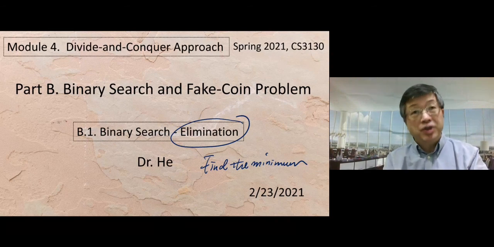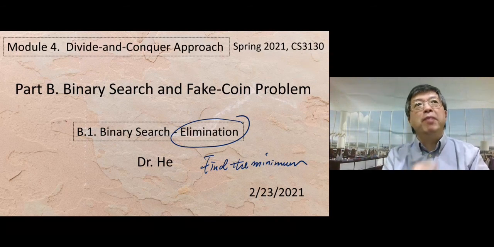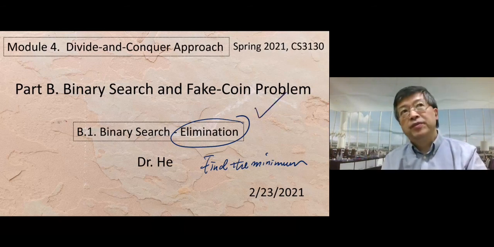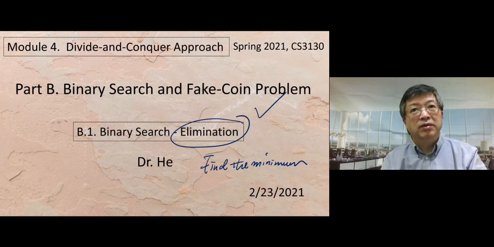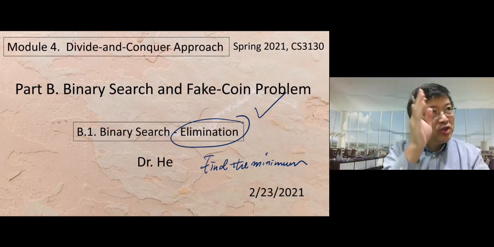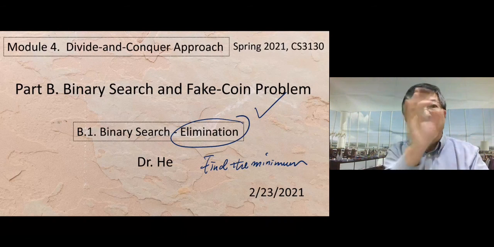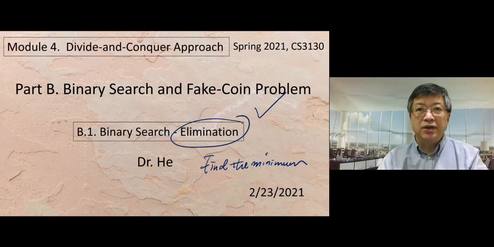So that is the simplest elimination method. But this method is so useful that we will use it many, many times. Here we just want to use this view to understand binary search. All right, so let's start.